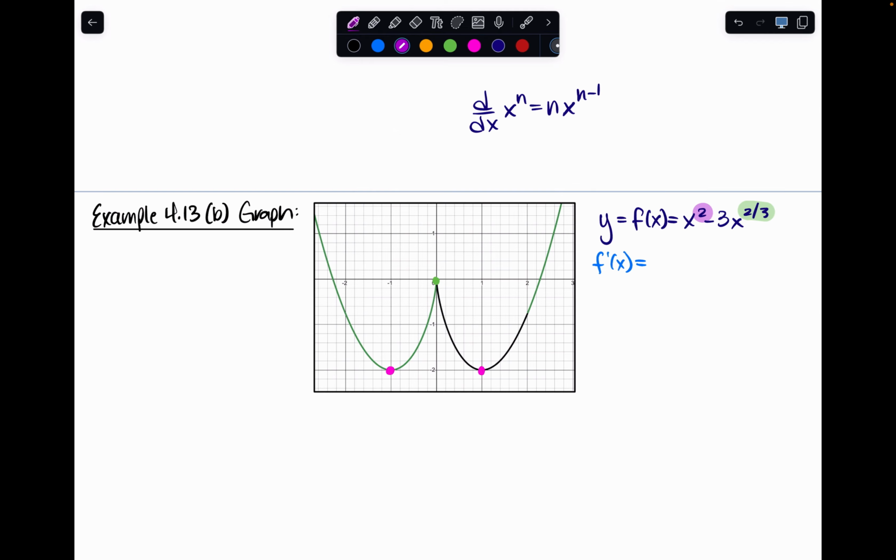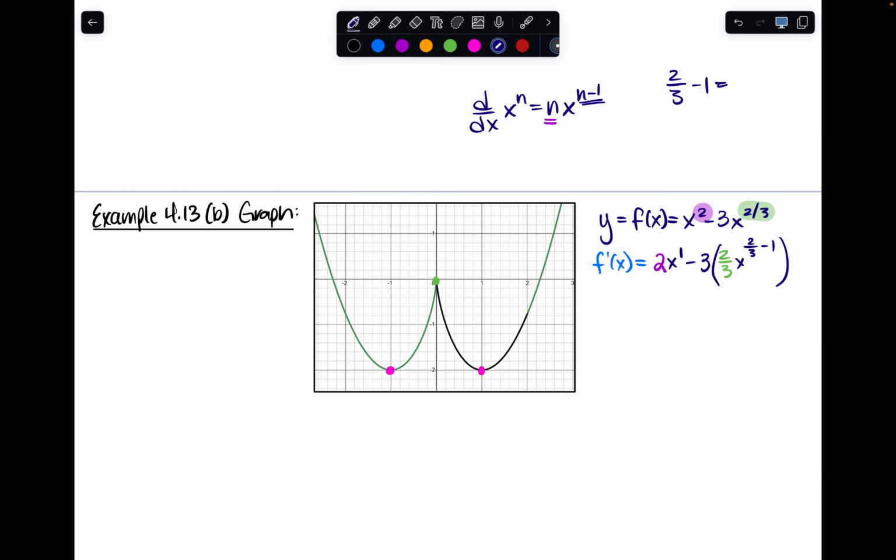So f prime of x is 2, because I'm bringing it down out in front, x to the 2 minus 1, 1. And the next one is 3, because 3 is already there, times, bring the power down out in front, that's 2/3, x to the 2/3 minus 1. And watch out for this.